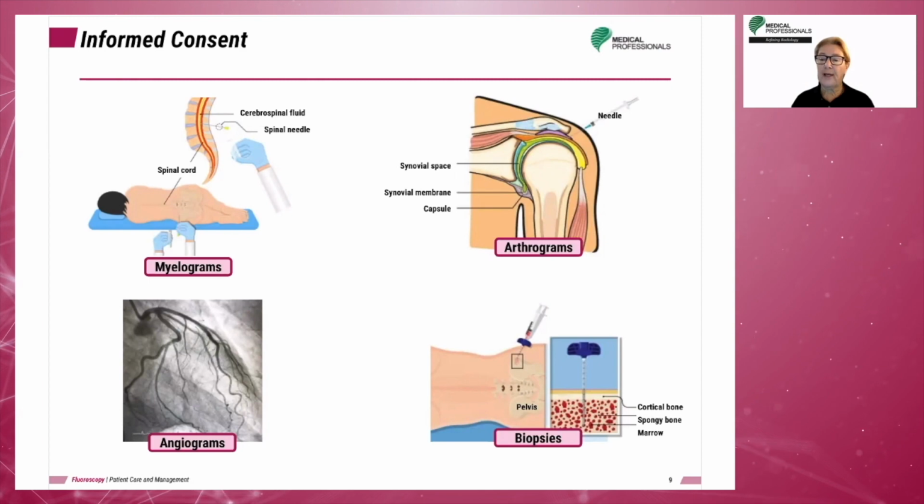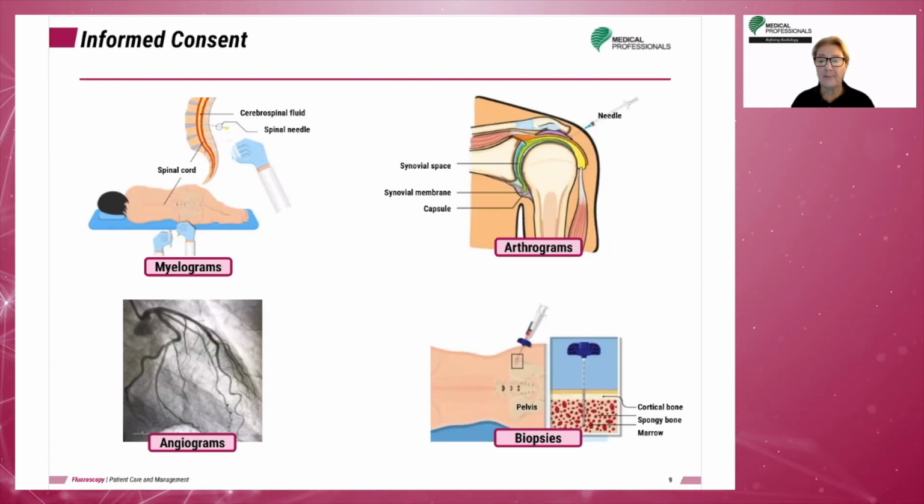Similar to arthrograms are joint injections, which are done to help relieve inflammation and pain in a joint. These are performed in the same way, with the addition of a cortisone injection. Contrast may be used to determine that the needle is in the joint space.